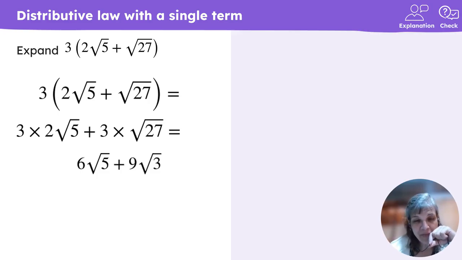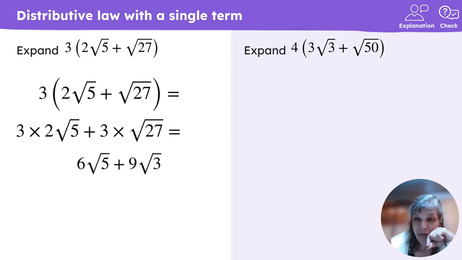Then they've simplified the root 27. Instead of 3 root 27, you pull out a 9, and root 9 becomes a 3, 3 times 3, and then you get 9 root 3. Once you have two different surds in lowest form, you can't actually do anything more with them. This would be the final answer expanded.